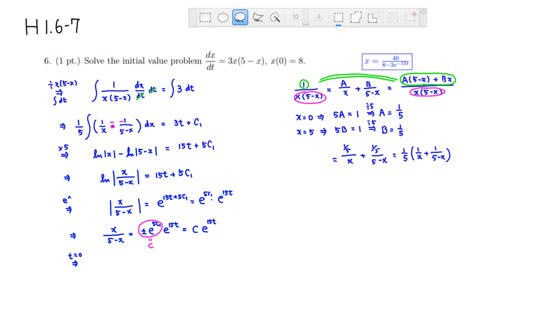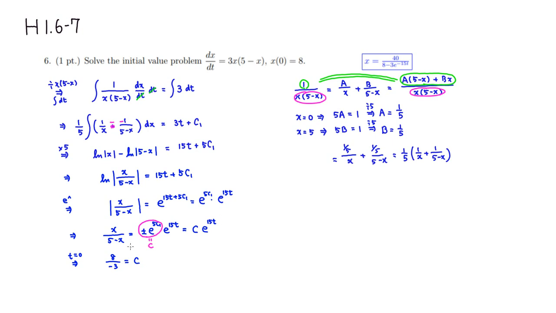Then we have 5 minus 8, so it's going to be negative 3. Then this is going to be equal to c, because e to the 0 is 1. So we know the value of c. Then we can just go from here.